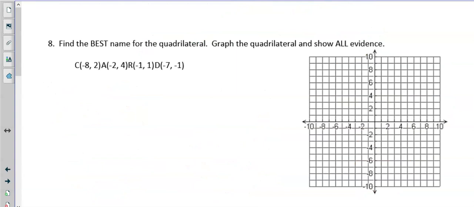All right, so the best name for this quadrilateral. So C is -8, +2. That's C. A is -2, +4, so left 2, up 4. That's A. R is -1, +1.